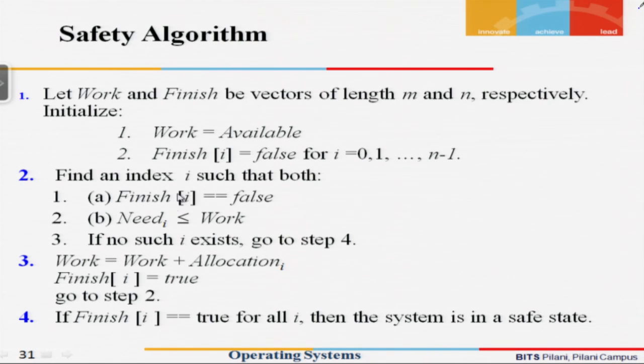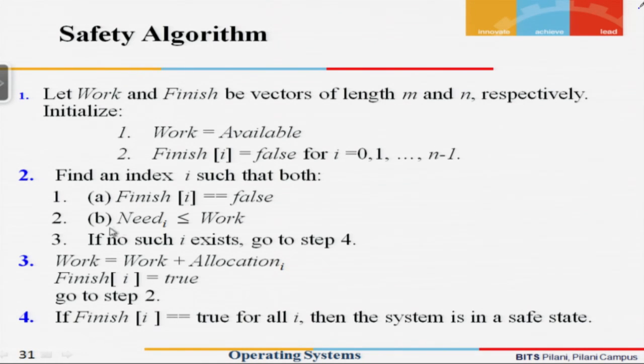The second case is that we have Finish[i] equal to false, but need is not less than work. We have an i for which Finish is false, and we find that the current available need is not less than the availability.